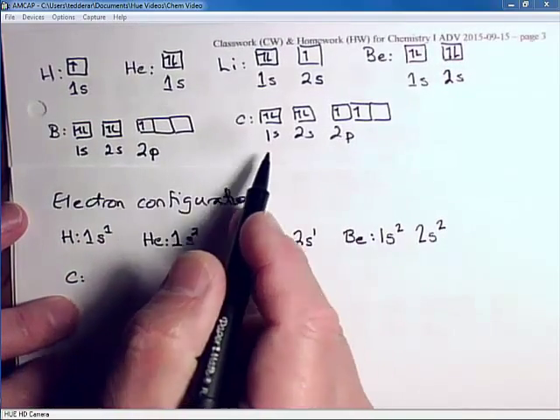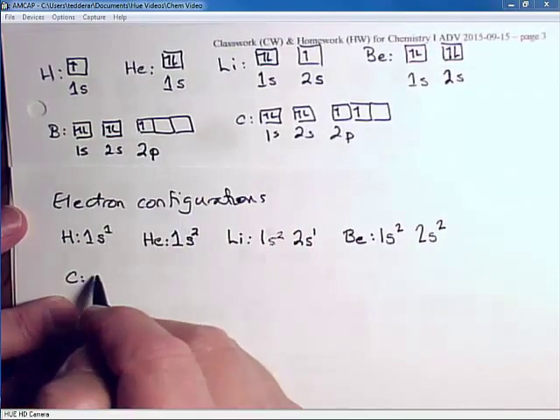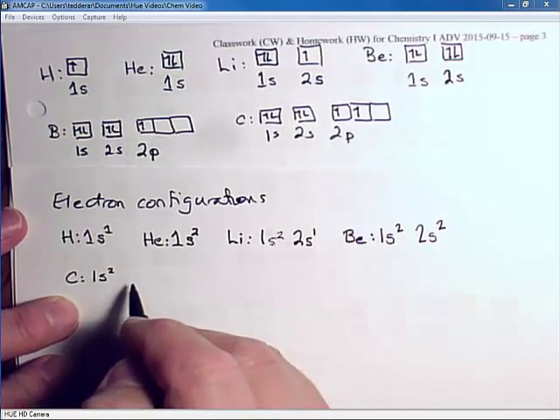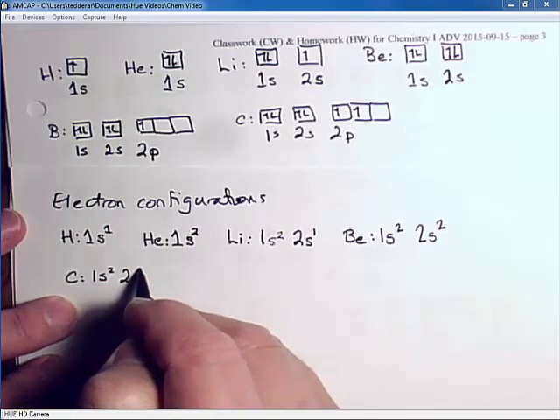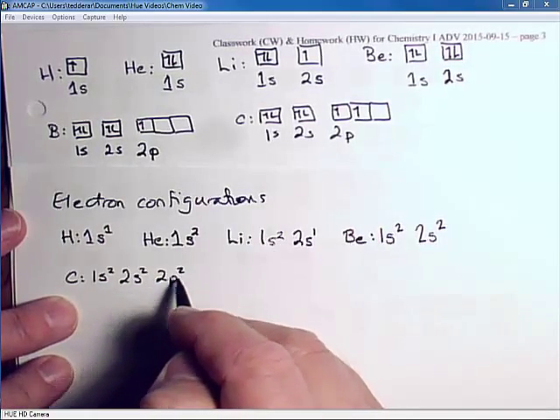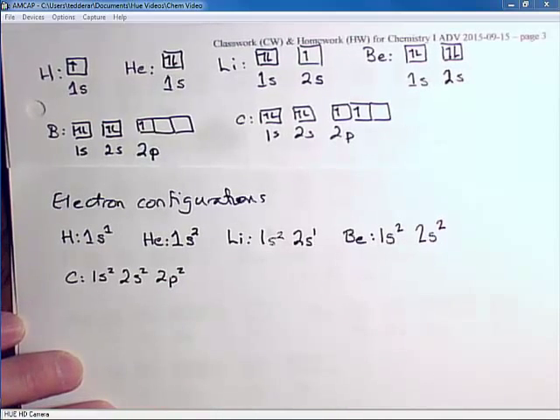All right. Carbon has 2 electrons in 1s, so that's 1s2. 2 electrons in 2s, 2s2, and 2 electrons in 2p, 2p2. Does that make sense?